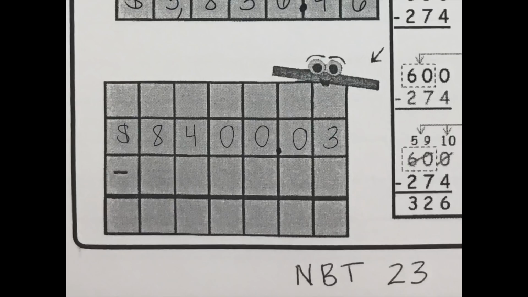So this number, if I start at my ones place and go back 1, 2, 3, kick, I get $8,400.03.